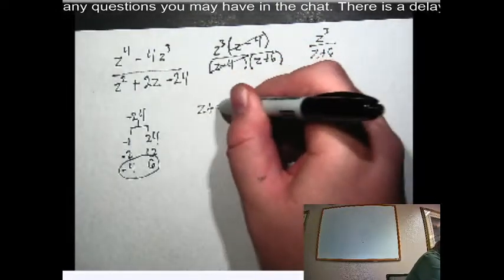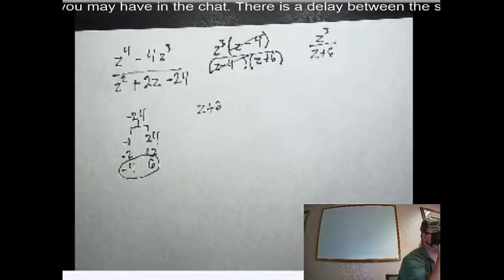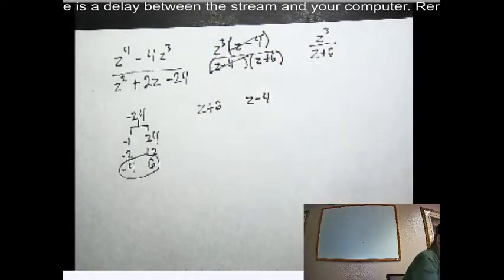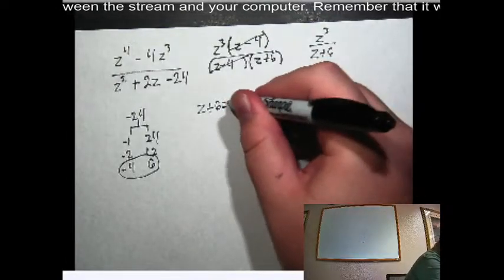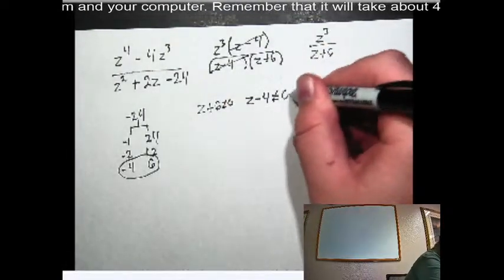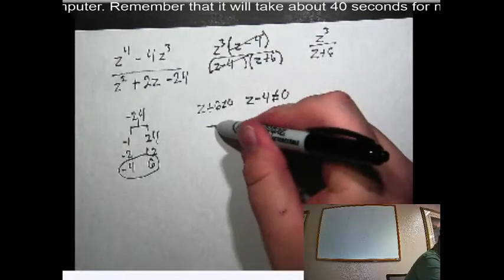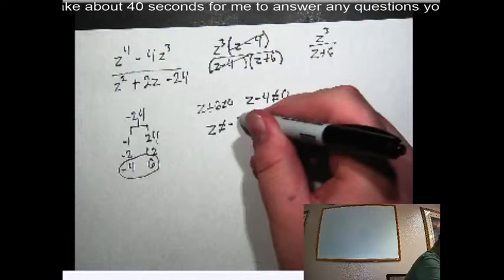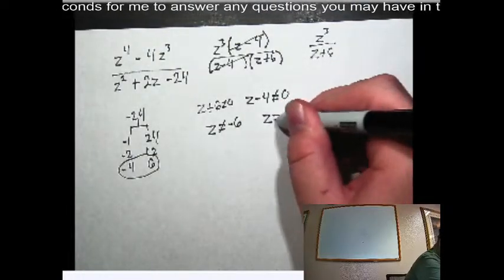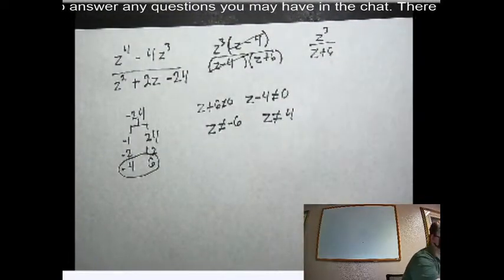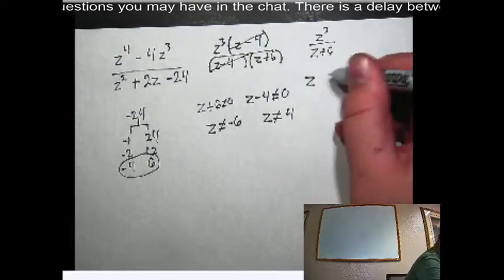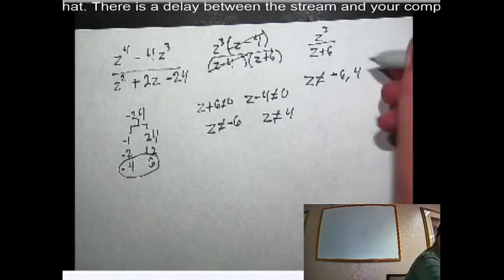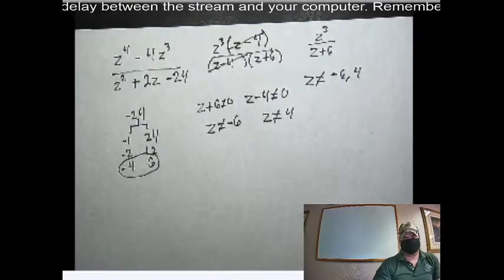Good. There's another though. Which other one? Z minus 4. Okay, so both of these cannot be equal to 0. So in this case, z cannot be equal to what? Negative 6. And in this case, z cannot be equal to what? Good. So our excluded values, or our domain, is z cannot be equal to negative 6 and 4. Good.